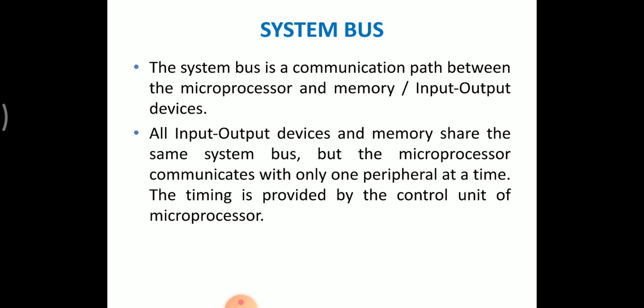All input-output devices and memory share the same system bus, but the microprocessor communicates with only one peripheral at a time. The timing is provided by the control unit of microprocessor.